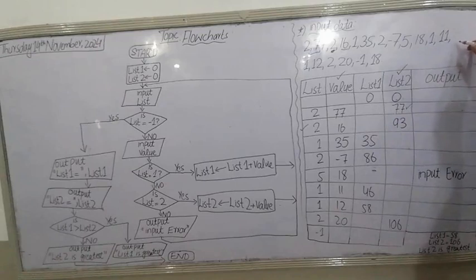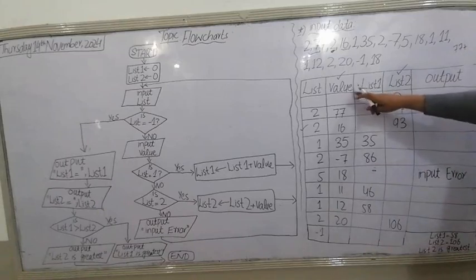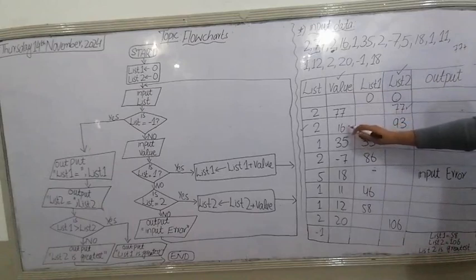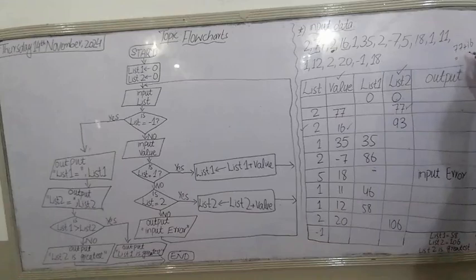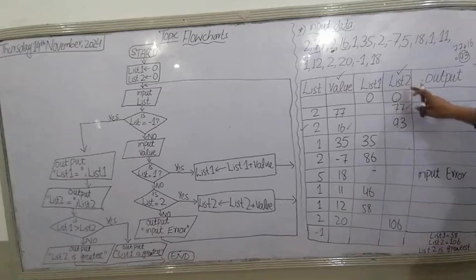In the list 2 variable we have 77, plus in the variable called value we have digit 16. So 77 plus 16 will be equal to 93. So that is why we have this value here in the list 2 variable. So I hope it's clear to you.